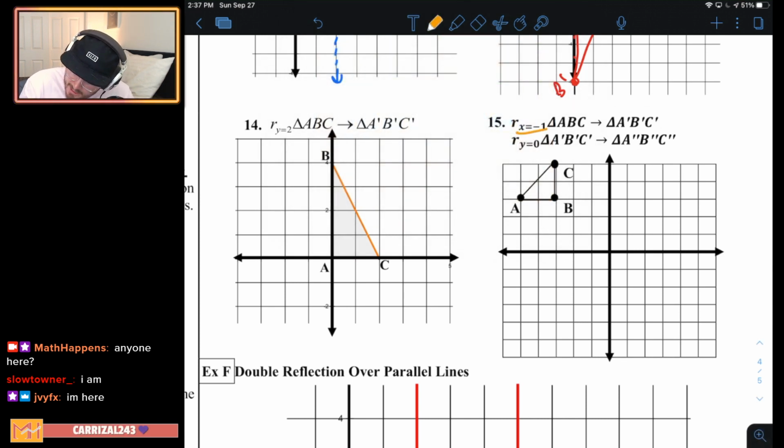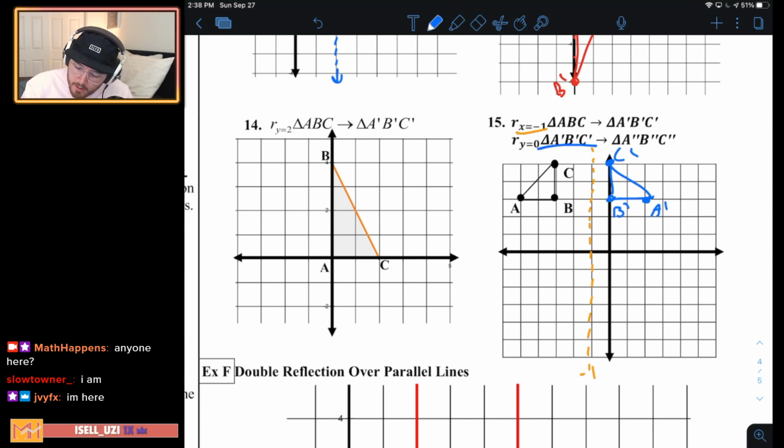So let's check this out. Reflect across the line x equals 1. So that's this line right here at -1. So when I reflect, it goes to right there. And then it says reflect again.